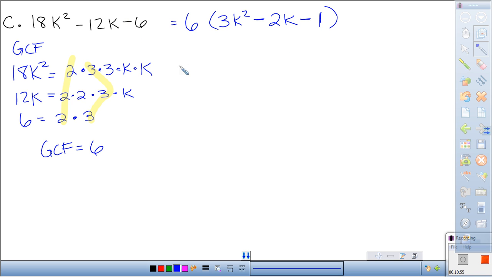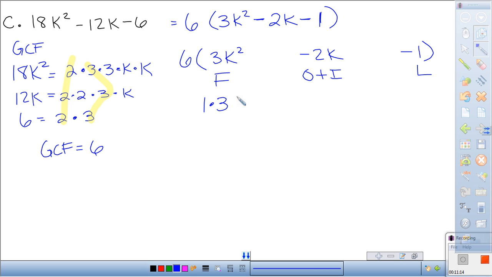Now I'll spread it out. 6 times 3k squared minus 2k minus 1. First, outer plus inner, and last. Our factors of 3 are 1 times 3. Those are the only factors of 3 that we can use. Okay, look here, we've got those negatives again. So to get a negative, remember we need to do a positive times a negative to end up with a negative. Which one has to be larger?